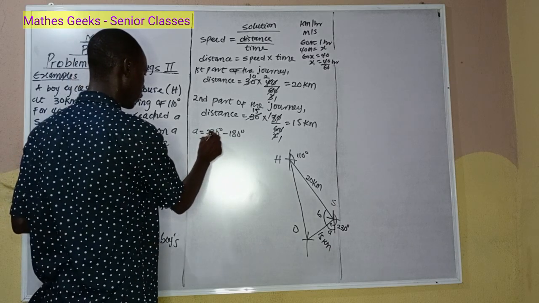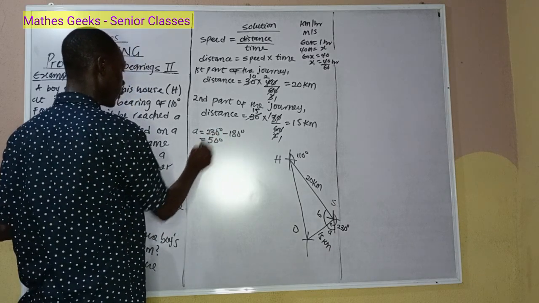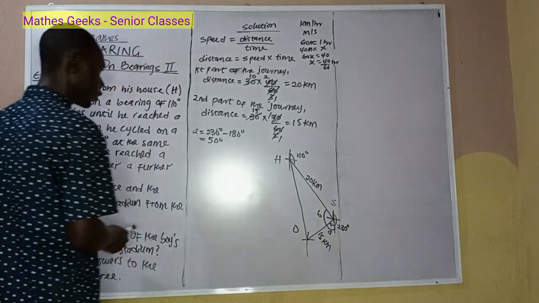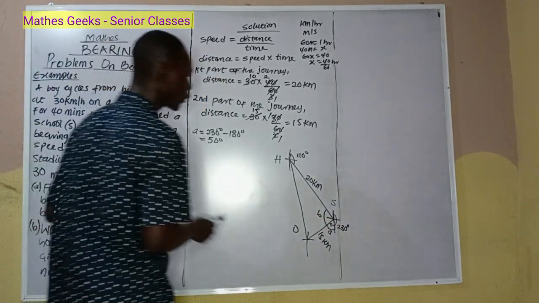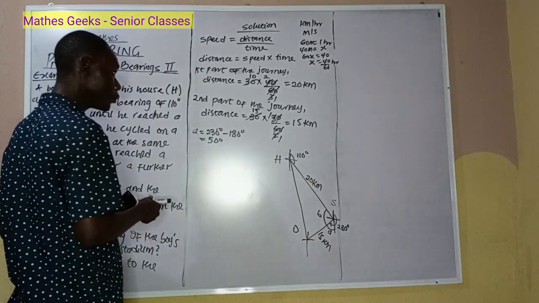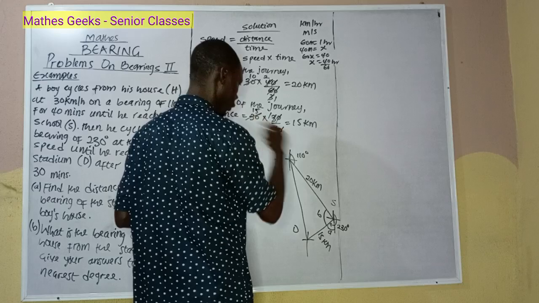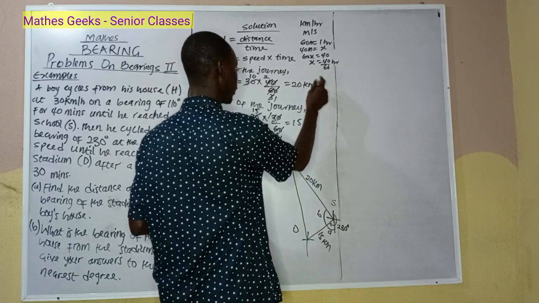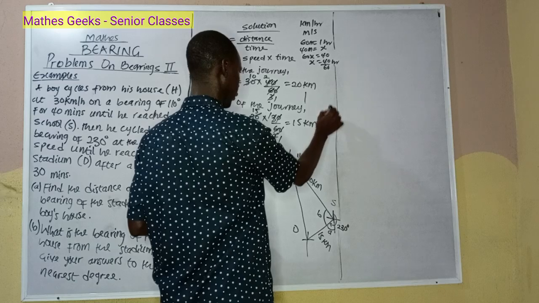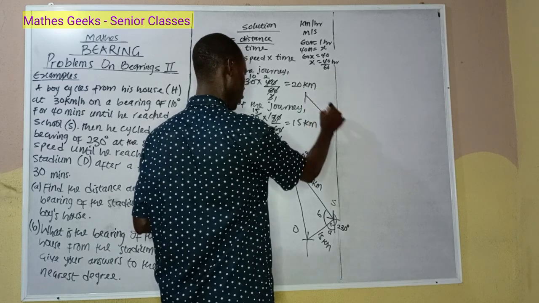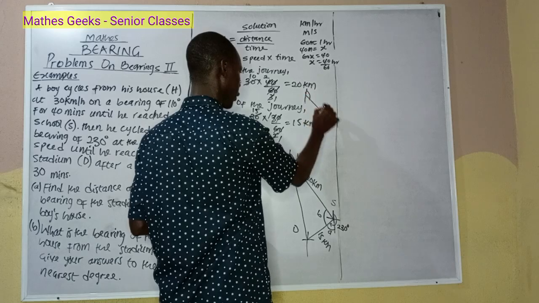50 degrees. So A is 50 degrees. Now what we have here is something like this.